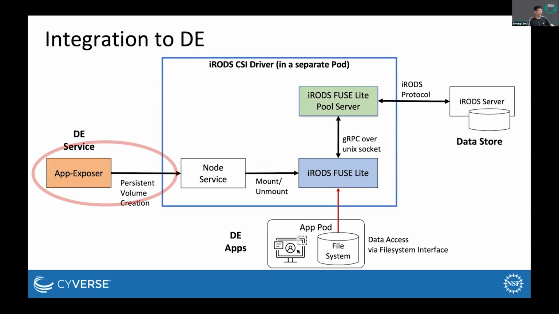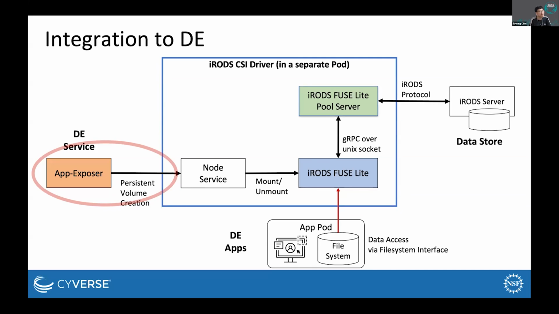Then how do we integrate the iRODS CSI driver to the Discovery Environment? When a user launches an app in the Discovery Environment, a service called App Exposure creates a Kubernetes persistent volume using the iRODS CSI driver.